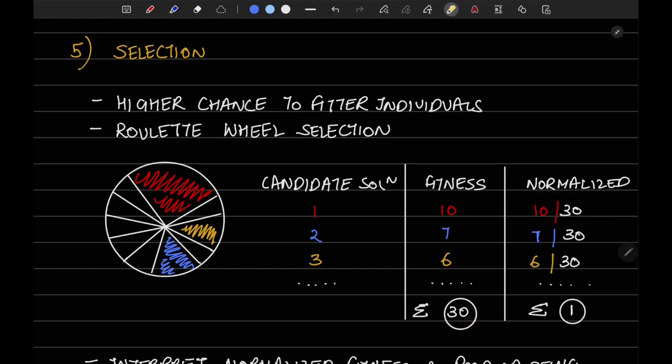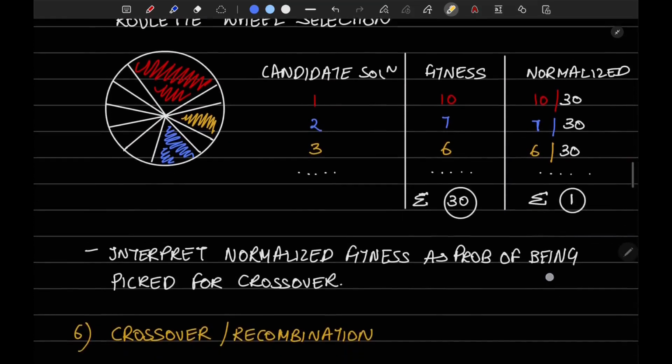This will convert the fitness values such that we can interpret them as probabilities. All of these will sum up to 1. This won't change the size of the area that they are occupying on the roulette wheel, but we can interpret the resulting values after normalizing as their chance of being selected to pass on their traits to the next generation.